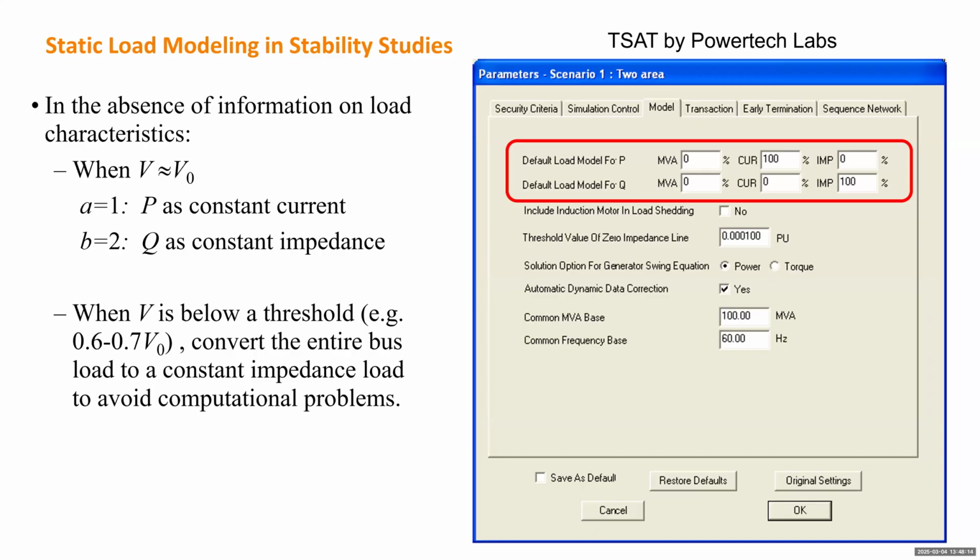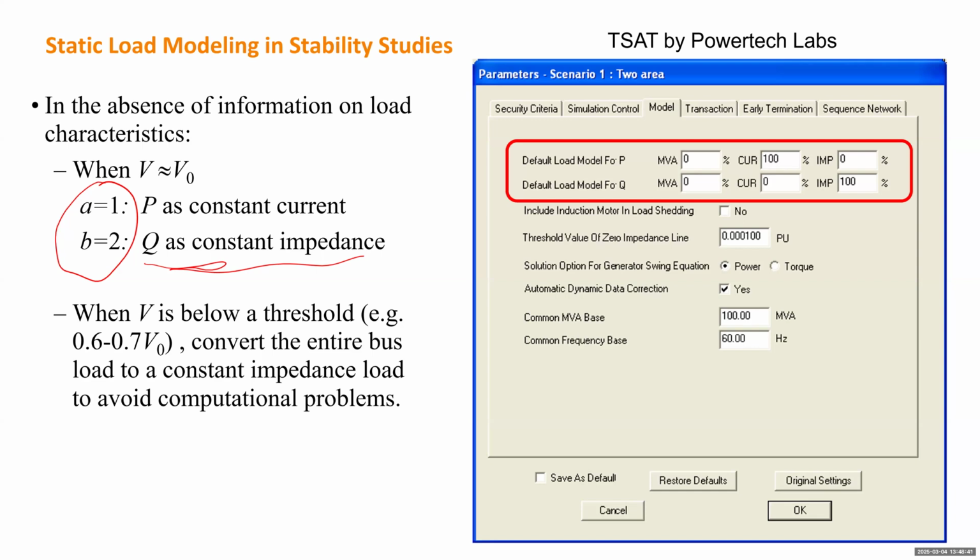If you don't have enough information, usually those manuals will give you a default value, which makes A be 1, which means you consider the active power as a constant current load. B equals 2, the reactive power as a constant impedance load. That's the priority which is safe. Okay.